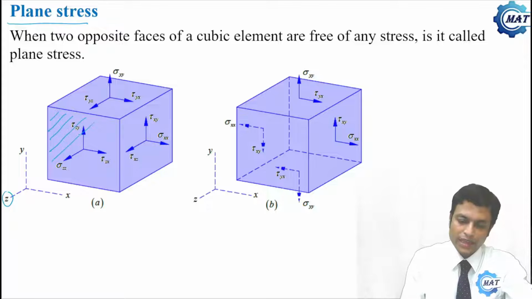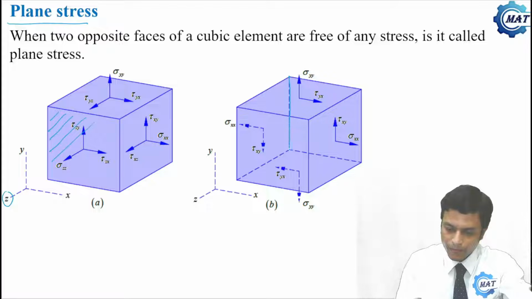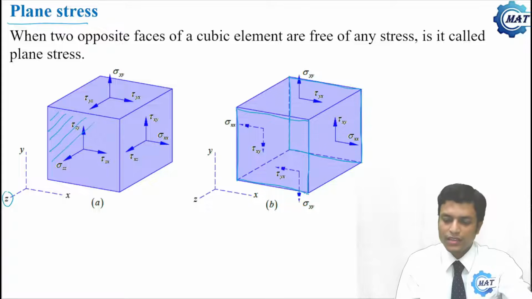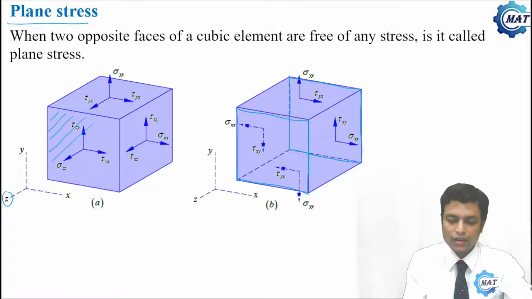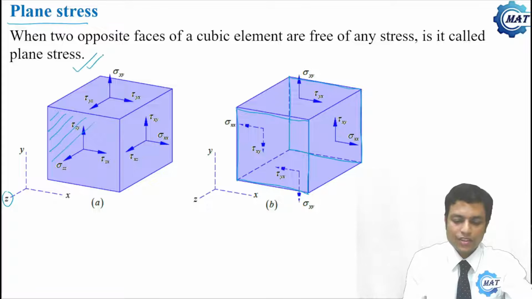On this face and the opposite face, these are 2 opposite faces, the stress value is 0. When 2 opposite faces of a cubic element are free of any stress, it is called plane stress.